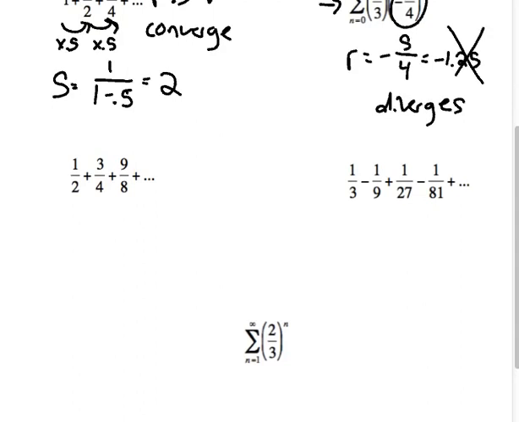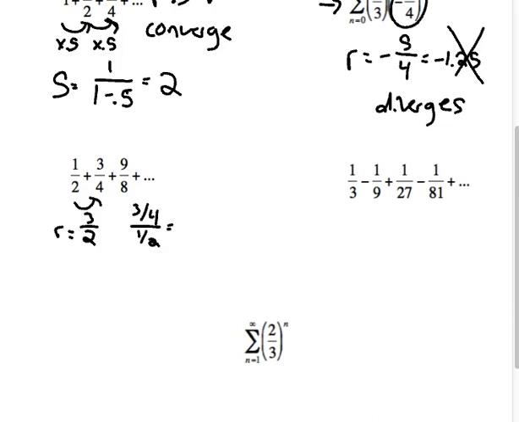So let's look at this one. Now, this one is a little bit tricky, okay? Because you may not know offhand what you're multiplying by to go from term to term. Now it looks like to me I'm multiplying the top by 3 and the bottom by 2. But again, if you need to, you can always take the second term divided by the first term.